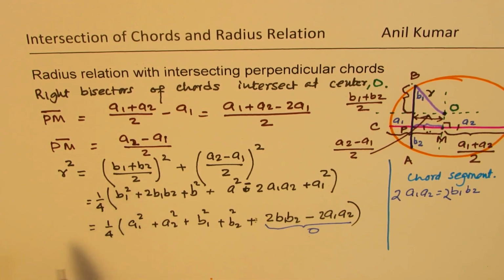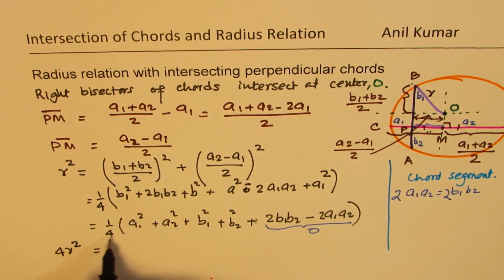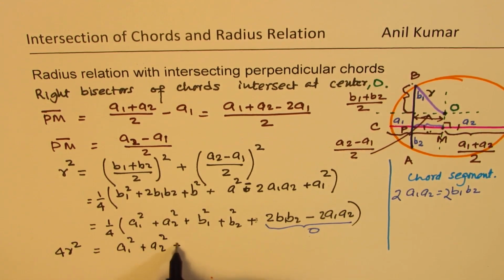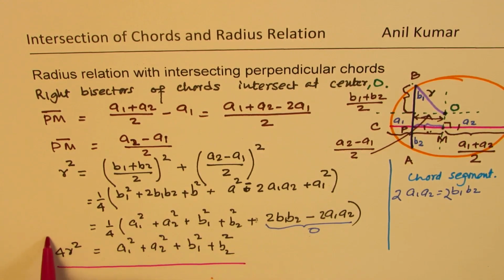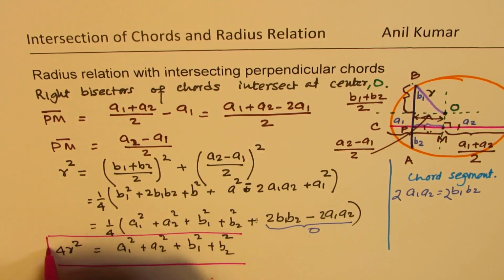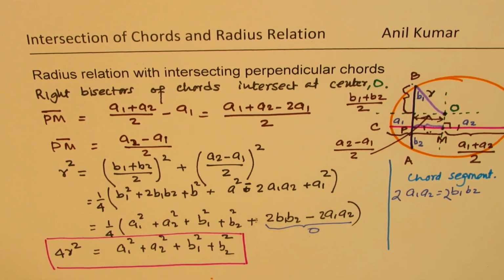So what we get here is we can just cross multiply. We can say 4r square equals a1 square plus a2 square plus b1 square plus b2 square. Is that clear? Since that is 0, right? So this is the formula which relates the chord lengths with the radius.